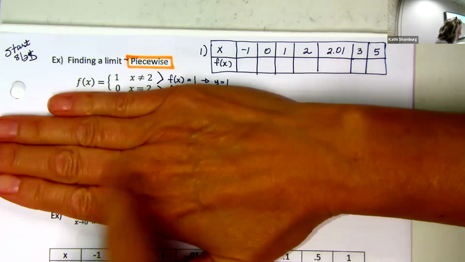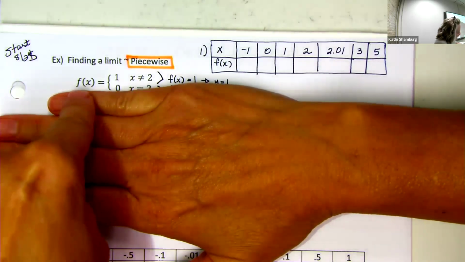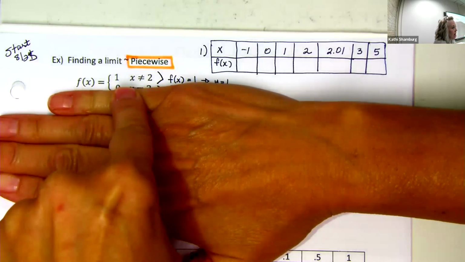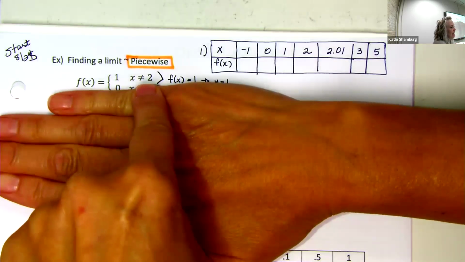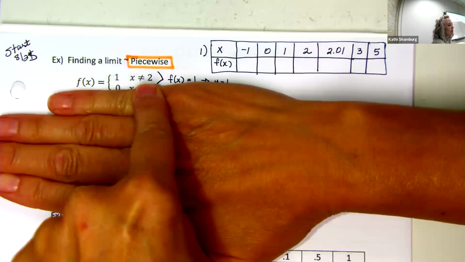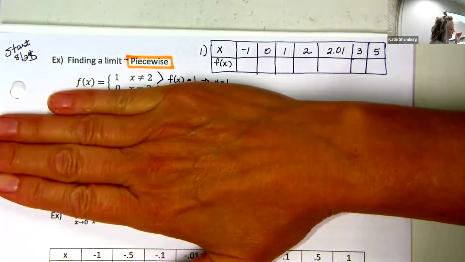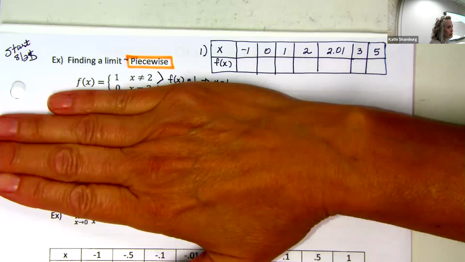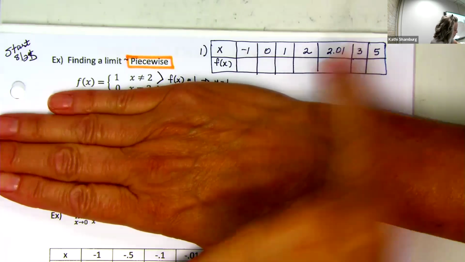This is telling us that f at x equals 1, but it tells us that x cannot equal 2. Okay, what it's saying is x can be any number in the world except 2. So notice on my table, here's the 2.